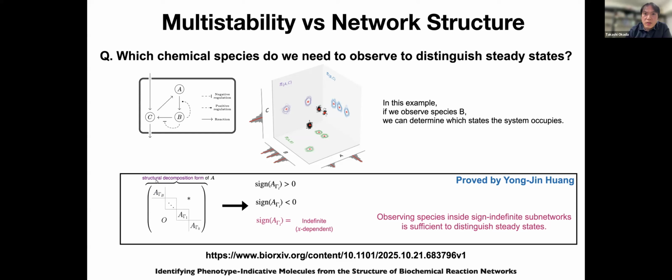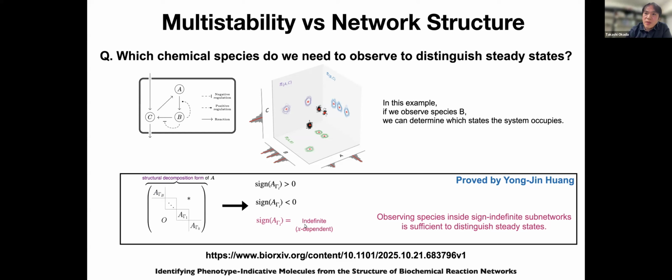The method is as follows. We first decompose the network based on buffering structures, and then compute the determinant sign of each subnetwork. Some determinant signs are positive definite, some are negative definite, and some are sign indefinite.